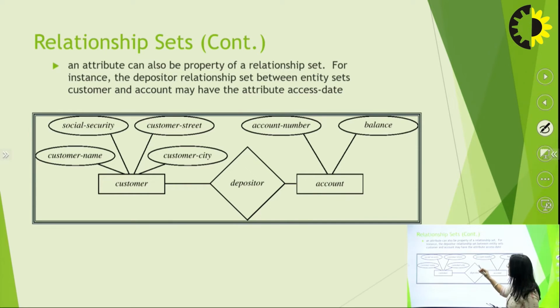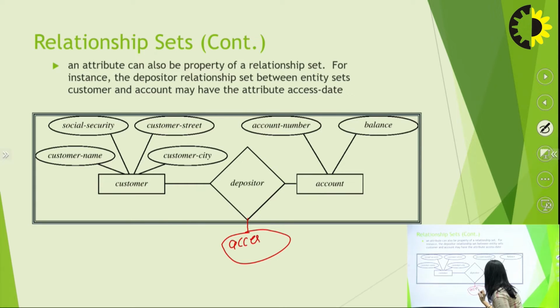If it has attributes like access date, we can show it here. So sometimes relationships may have attributes, and sometimes a relationship set may not have any attribute. It depends on the enterprise demand, situation or scenario.